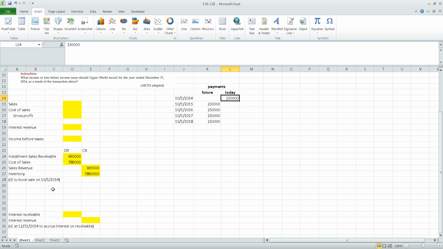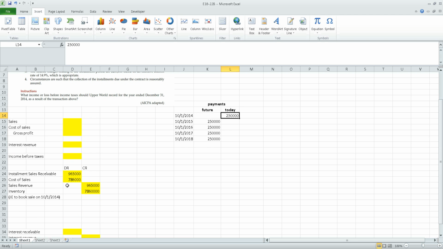On the day that we entered into the sales agreement, yes, this is the journal entry that we made, but we also received cash. We received $250,000 of cash that we need to book. Debit cash $250,000. Credit installment receivable $250,000.